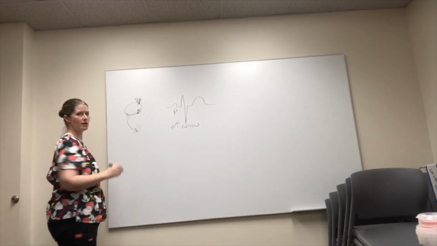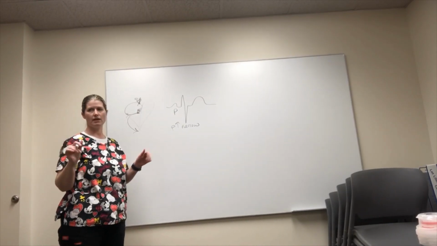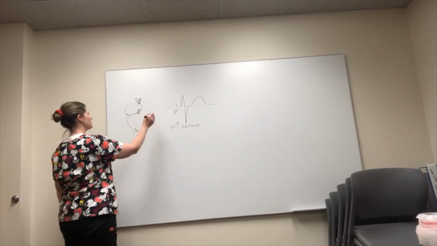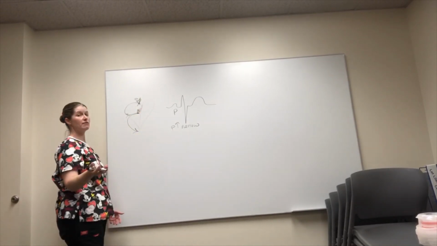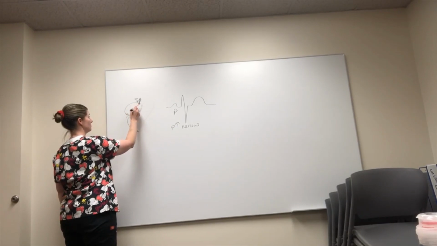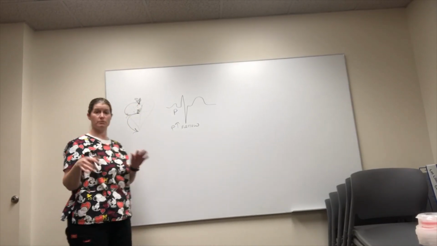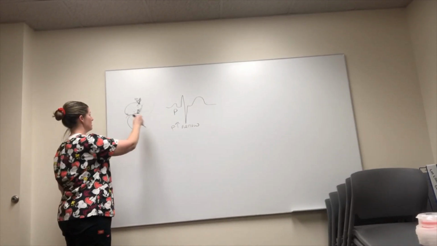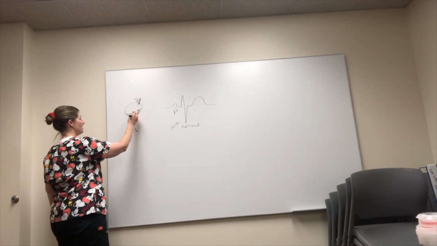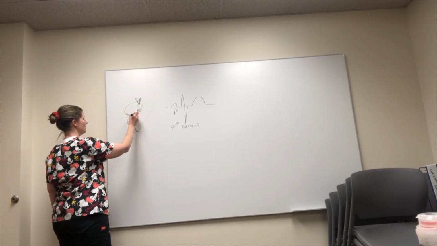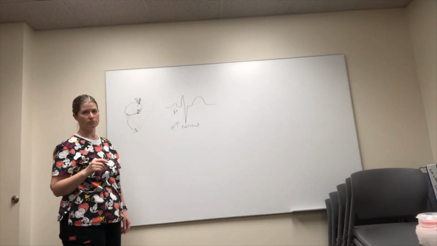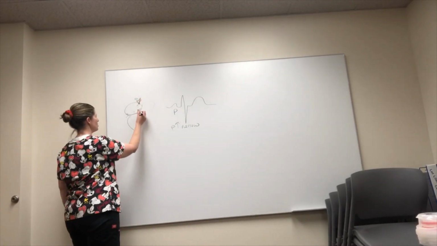Usually one of these other cells, because it could be any cardiac cell that can fire the electricity, takes over. So for example with AFib, you'd have a bunch of different cells that are all trying to be in charge, so you get a bunch of different shaped P's. With a junctional, it's going to be somewhere in between the SA and the AV node, like the junction where the atria meet.